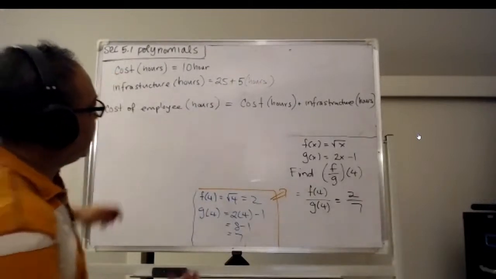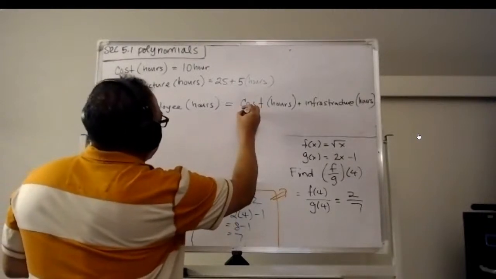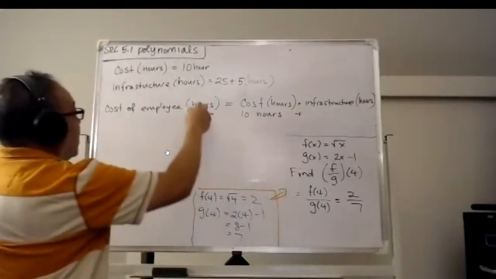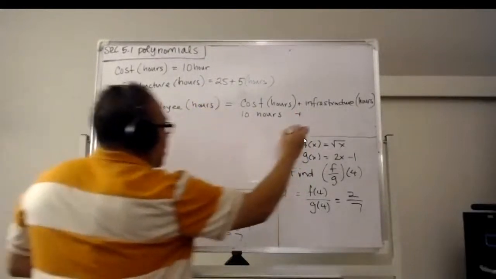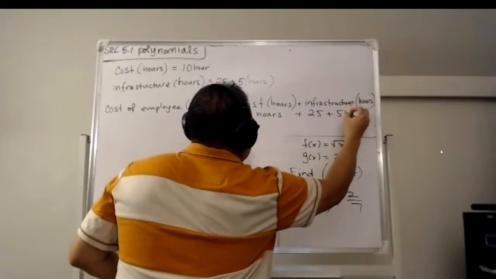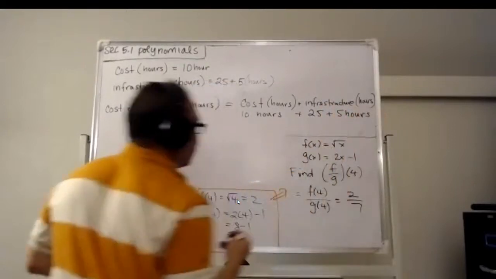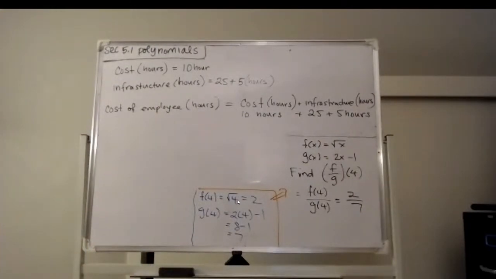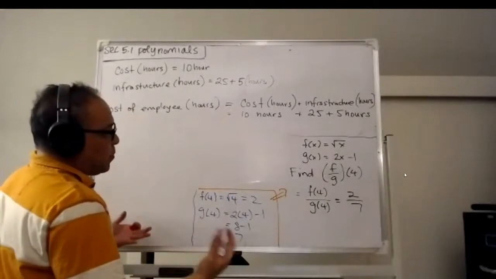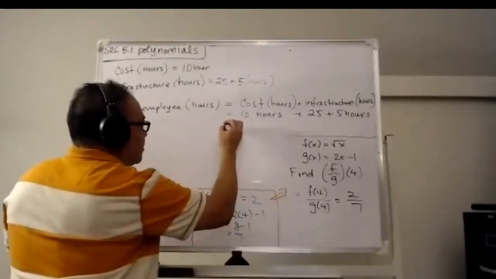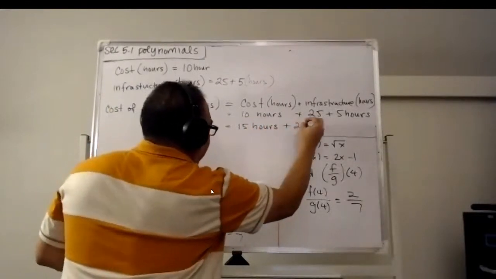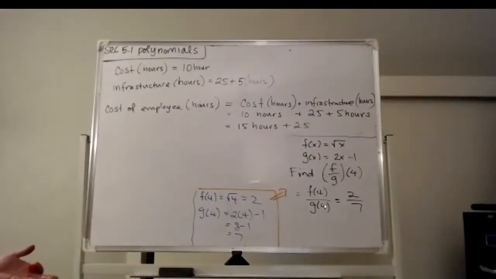Cost is equal to 10 hours. And my infrastructure costs 25 plus 5 hours, $5 per hour. So an easier way of understanding what my cost is as the boss is, well, I can combine like terms, and this is equal to 15 hours plus 25, and then I'm done.